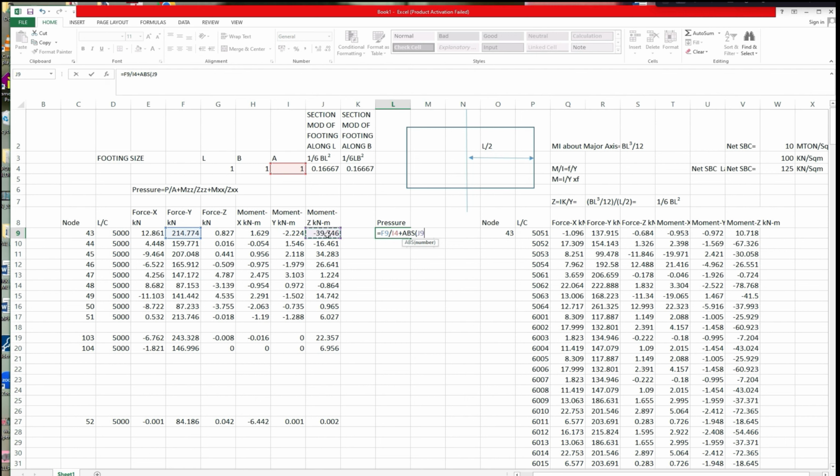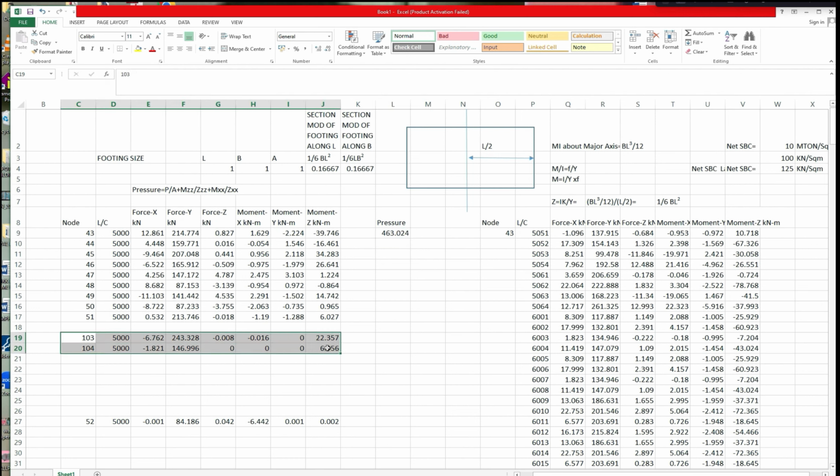So MZZ is the moment in the major direction, divided by the section modulus about the major direction. Then again the absolute moment divided by the section modulus about the minor direction. You can cut and paste it here.